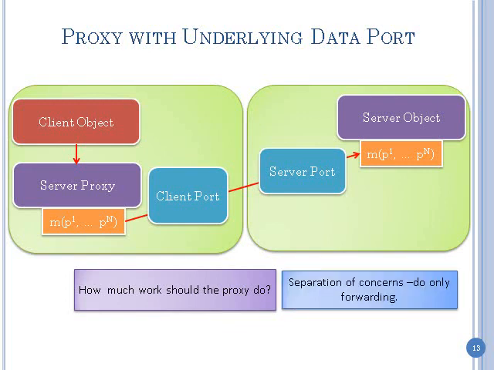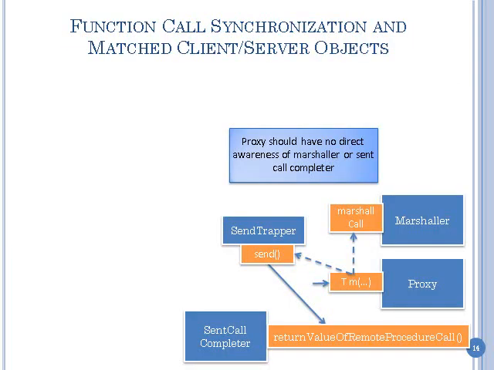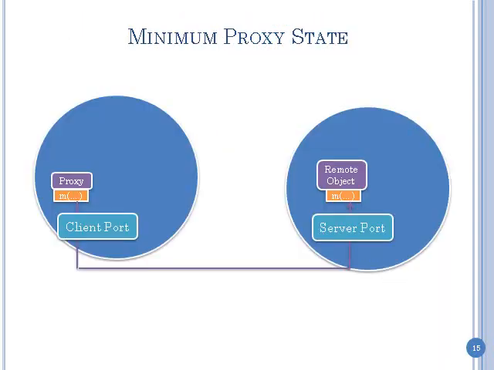So, separation of concerns. And these dashed lines that I had here were dashed because the proxy doesn't call Marshall directly. The minimum state it has is the object ID and the port to which it has to forward, right? Because that's a proxy object. There can be many proxy objects in a client or a server end talking to different kinds of ports. So it has to know which port to forward the call to, and it has to have some information about which object we are talking about.